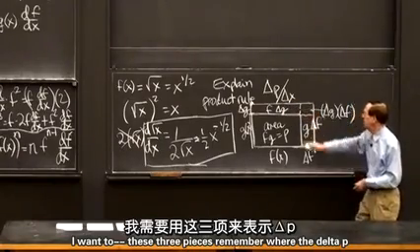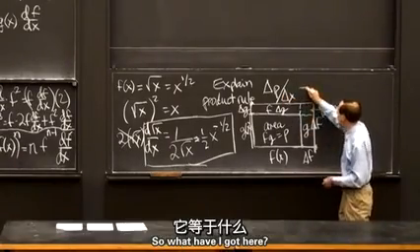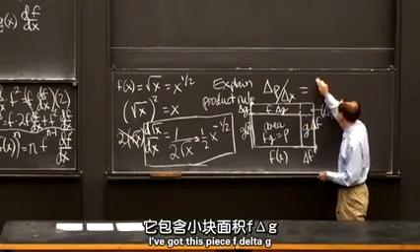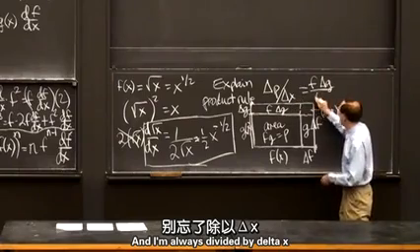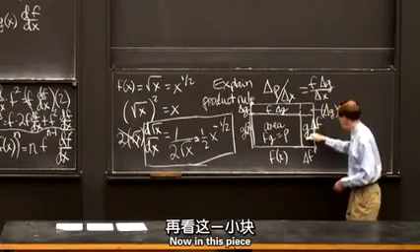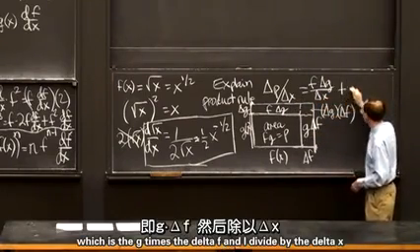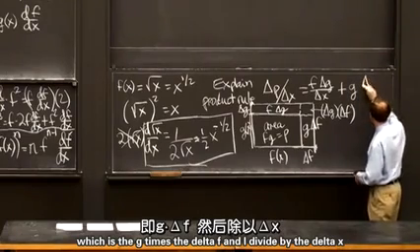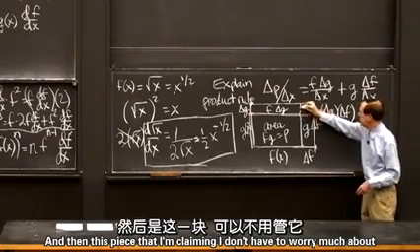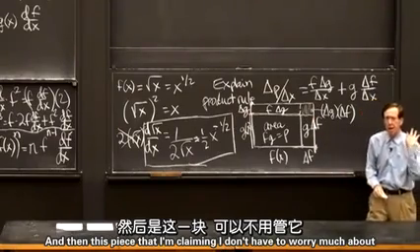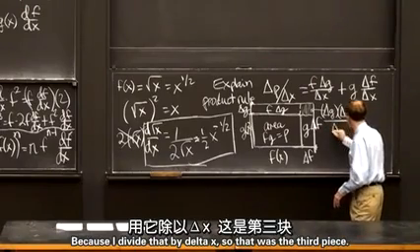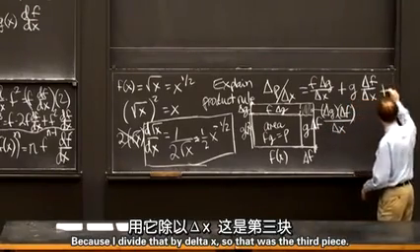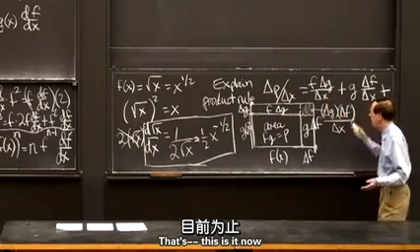These three pieces, remember, were the delta p. So what have I got here? I've got this piece, f delta g, and I'm always dividing by delta x. And then I have this piece, which is g times delta f, and I divide by delta x. And then this piece that I'm claiming I don't have to worry much about, because I divide that by delta x too. That was the third piece.